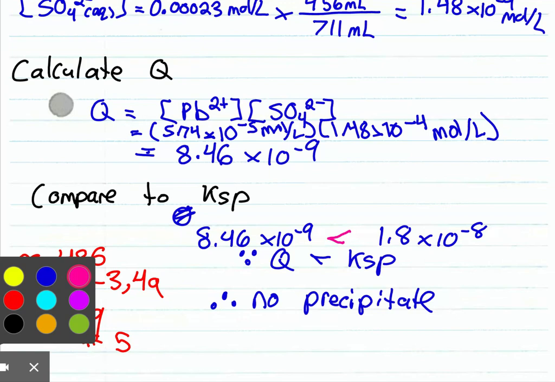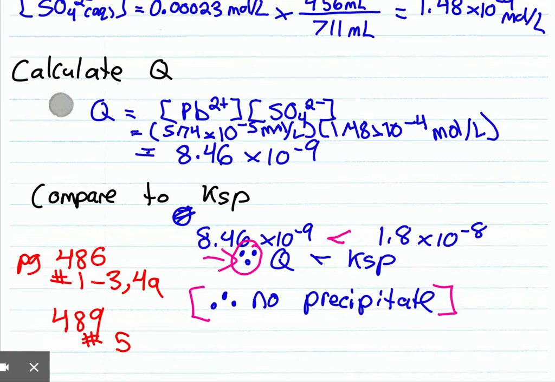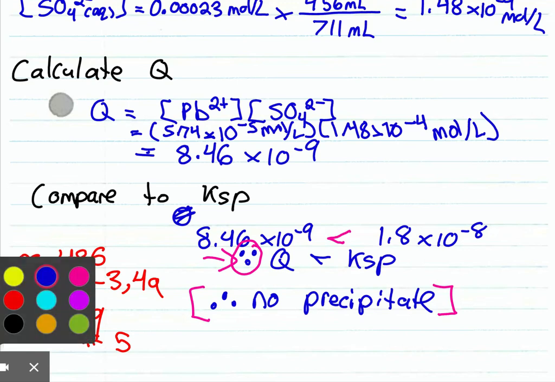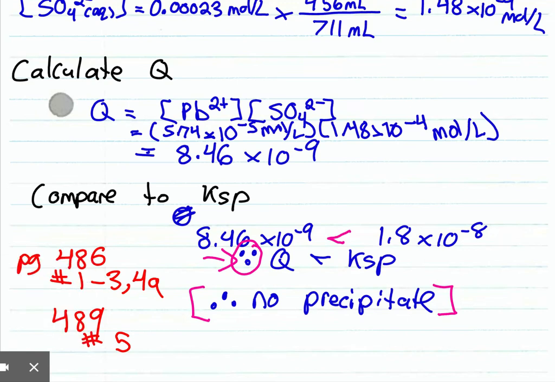So we make this statement here: Therefore, Q is less than KSP. Therefore, no precipitate. Remember, to get a precipitate, your Q has to be greater than KSP.